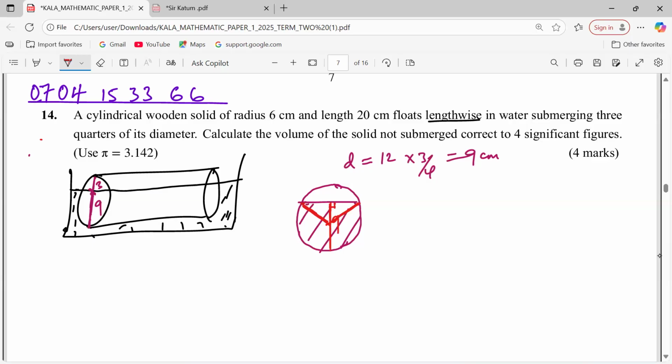Yeah. That is right angled. Remember, with the right angle at that point, this is still radius of 6, and this is still radius of 6 because this is the center. Then what remains there is 3. So we can get the angle at the center.